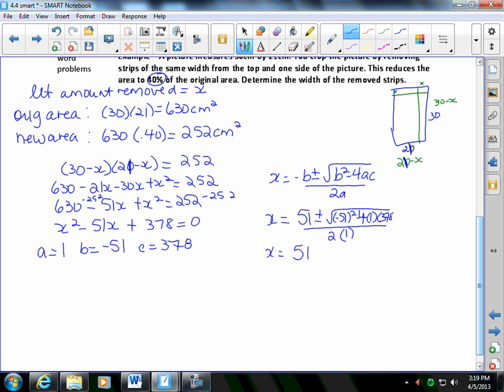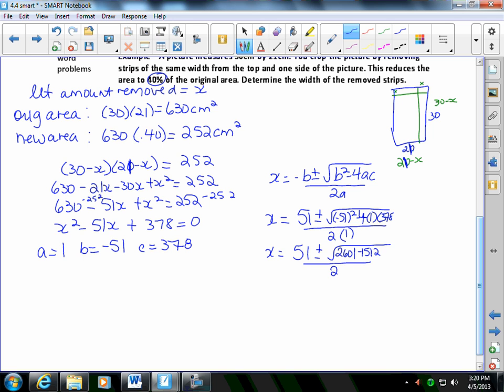So this is 51 plus or minus 2,601 minus 4 times 1 times 378 is 1,512 all over 2.